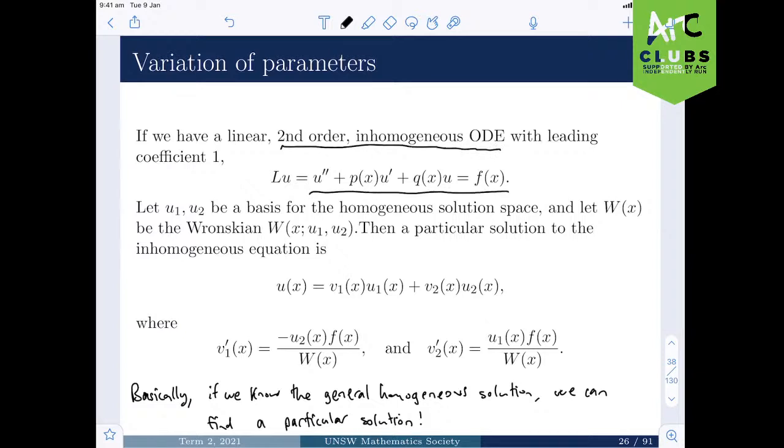Let u1 and u2 be a basis for the homogeneous solution space, and let W(x) be the Wronskian of those functions u1 and u2. Then a particular solution to the inhomogeneous equation is u equals v1 u1 plus v2 u2, where v1 dash is this, and v2 dash is this. Basically, if we know the general homogeneous solution, then we can find a particular solution. That's all this is saying, and it gives a really neat formula for finding that.